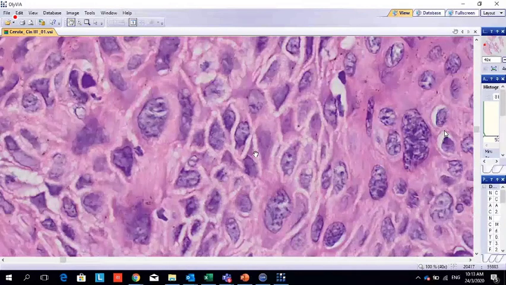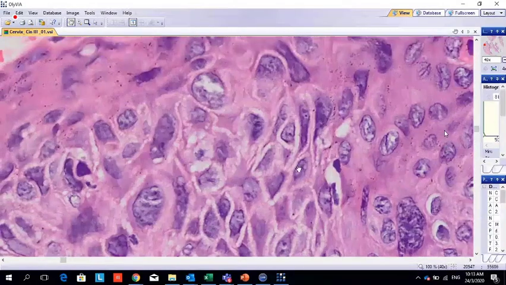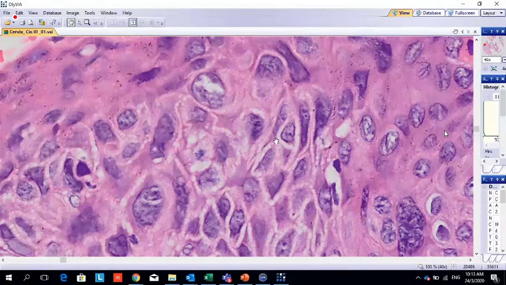I can show you what these are between the cells: intercellular junctions, the intercellular bridges. This is characteristic of squamous cells.